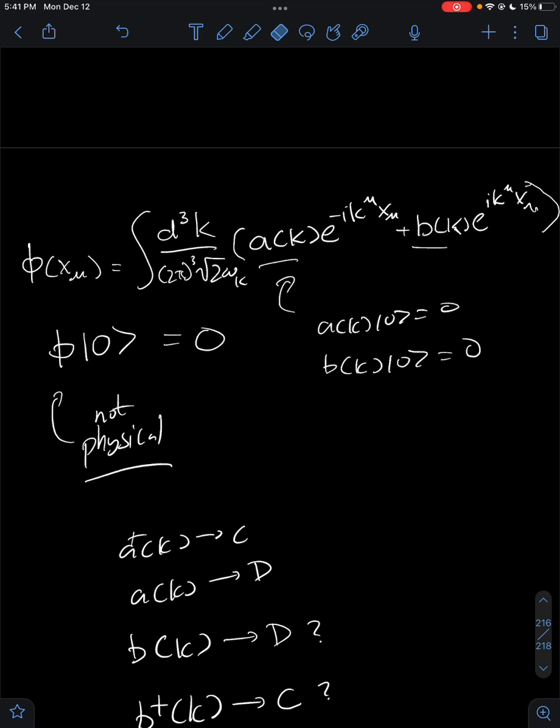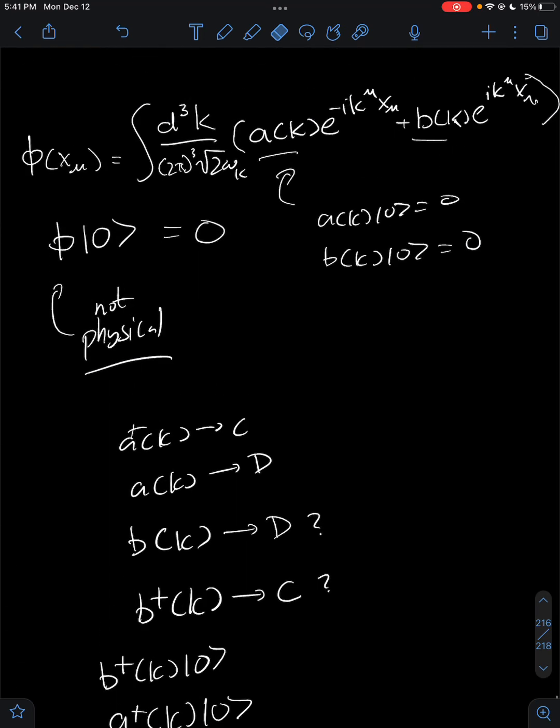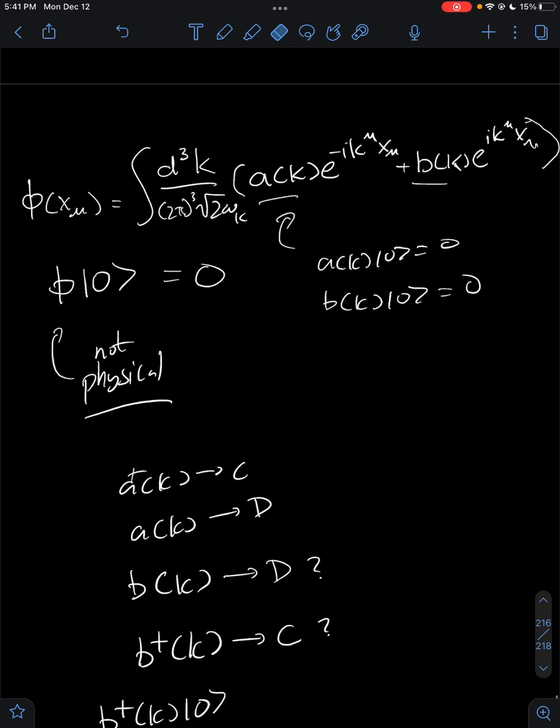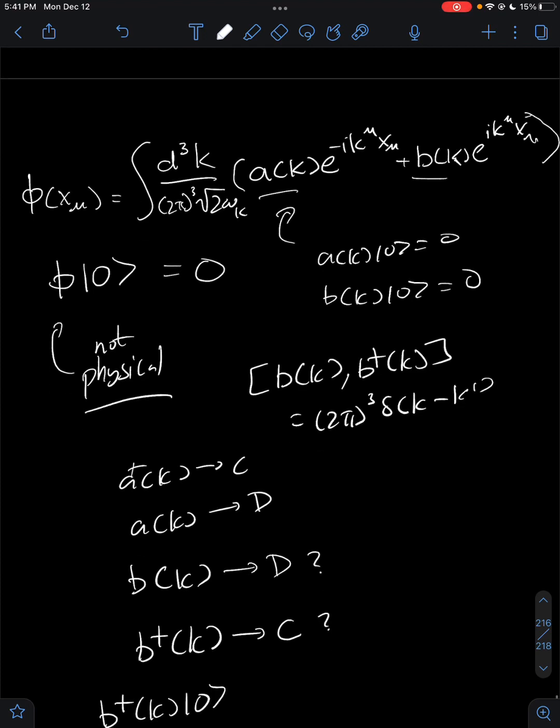So how do we resolve this problem? Well, what we could do here is go back to our commutation relations over here. Before we had [b(k), b†(k')] is (2π)^3 δ(k − k'). We could instead say that [b†(k), b(k')] is (2π)^3 δ(k − k').